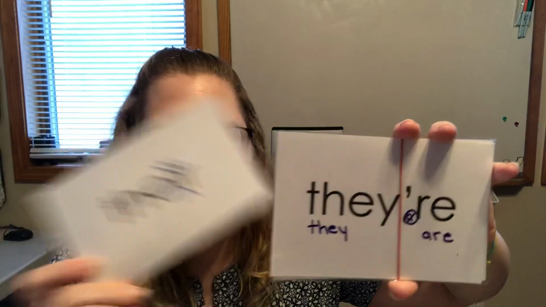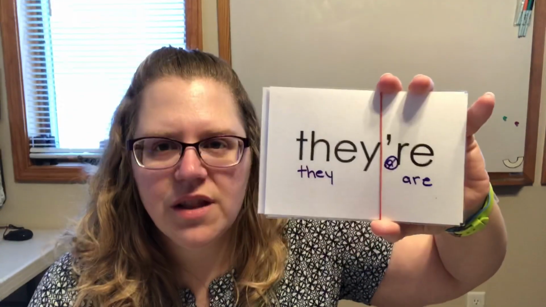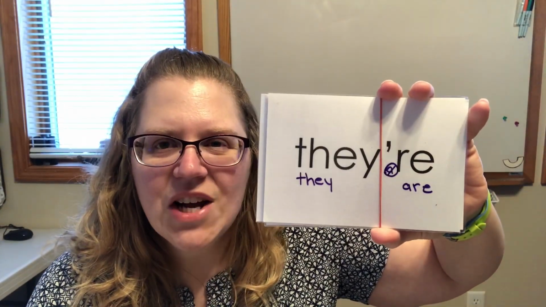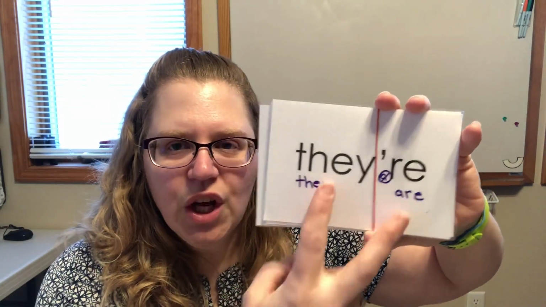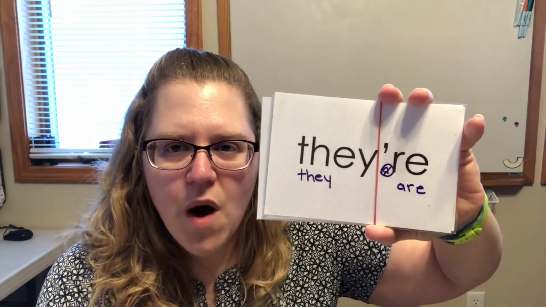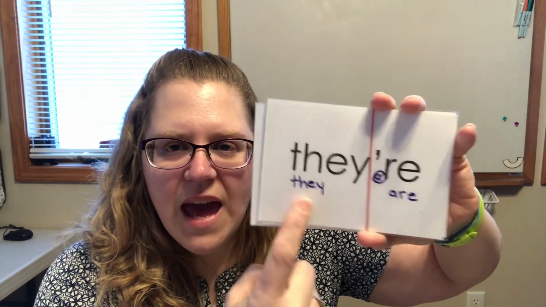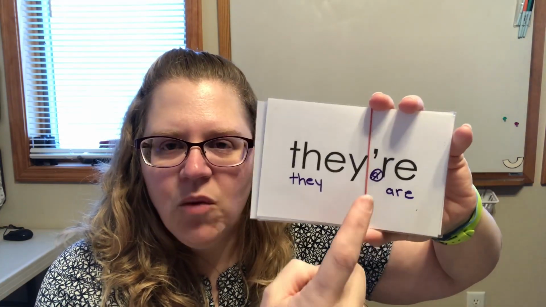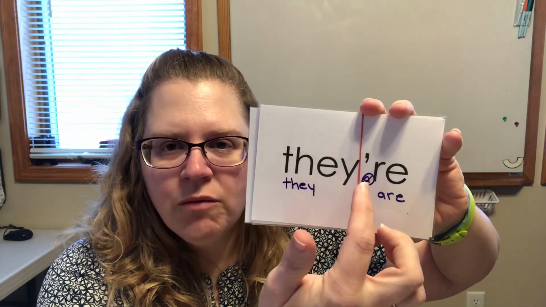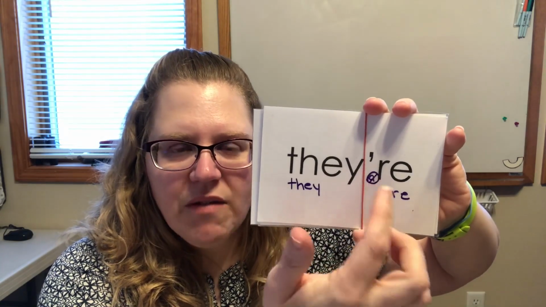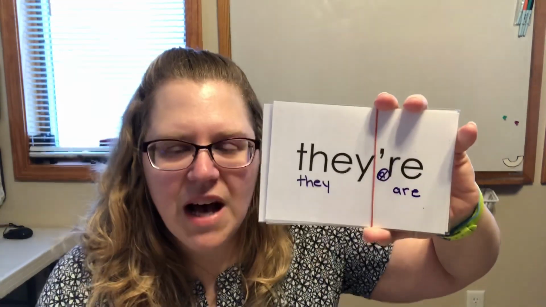And then we get to the word they're, the contraction for they are. So then we explain what a contraction is, and it's 2 words put together into one. And so we have they and we have are, and when we contract it or shrink it down, we're getting rid of letters, and to represent that we've gotten rid of letters, we're going to put the apostrophe.